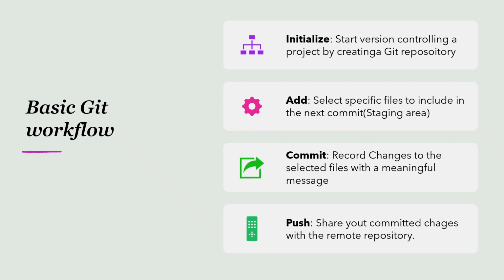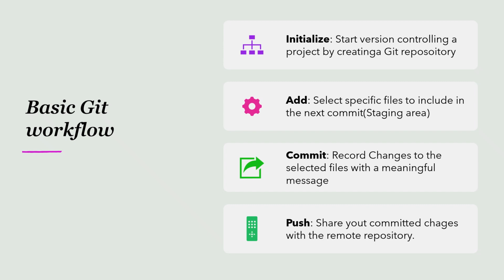You also get to select specific files that may be included within the next commit. So you get to utilize commands like git add, and that will be basically adding all the changes that have been made to some of the specific files within the staging area.